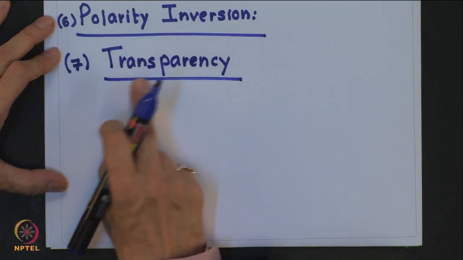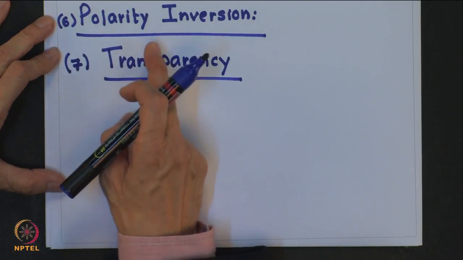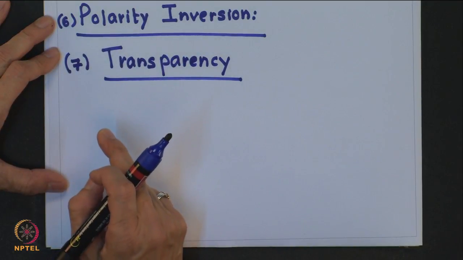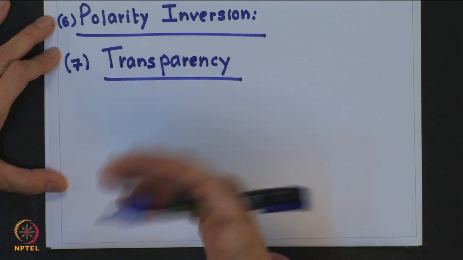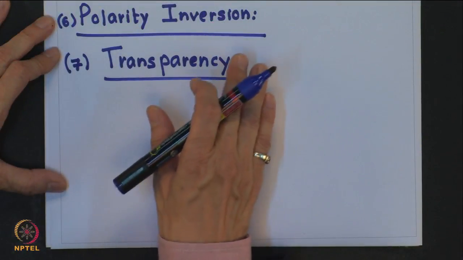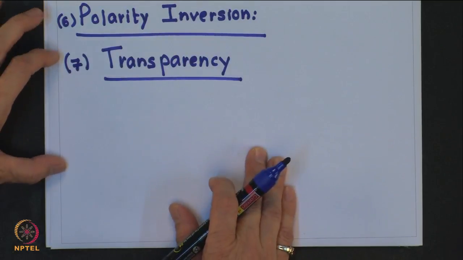For example, bipolar codes are transparent to polarity inversion, because even if you have a polarity inversion, I will be able to detect, whereas unipolar and polar line codes are not transparent to polarity inversion. Correct? So, that is what we mean by transparency. So, transparency could really be included as part of polarity inversion.